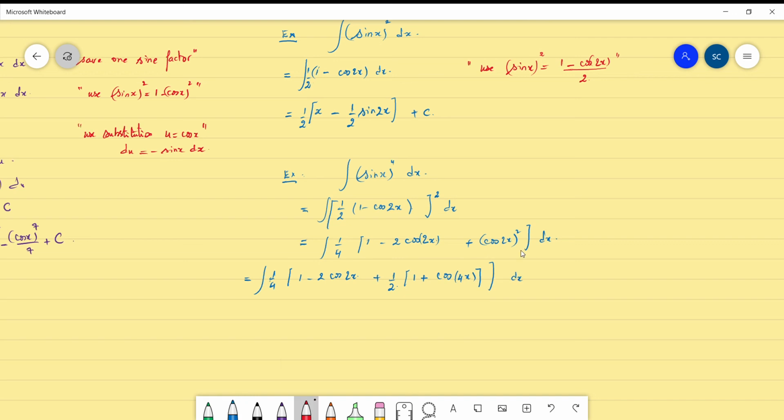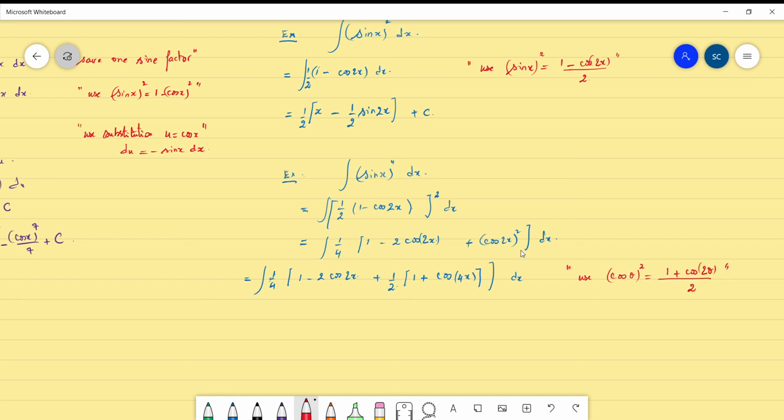So use cosine theta squared equals 1 plus cosine of double the angle over 2.